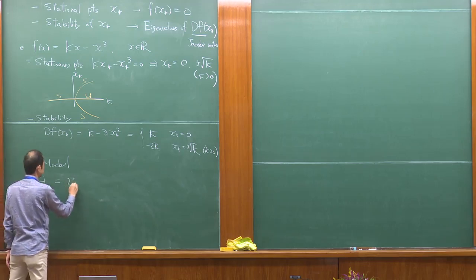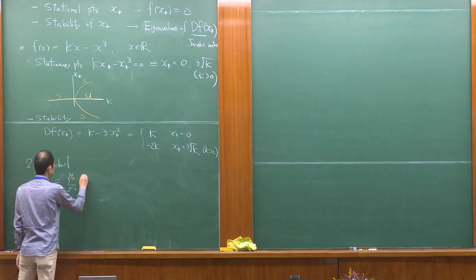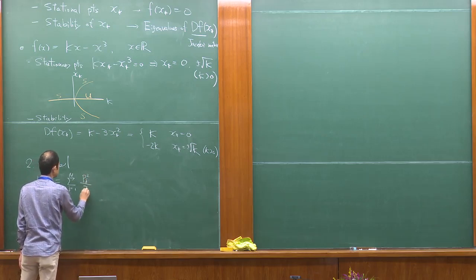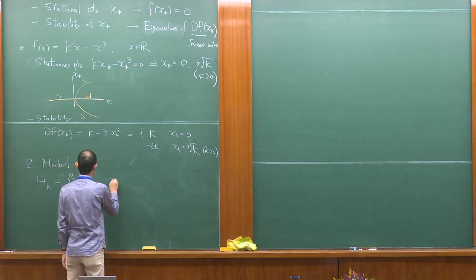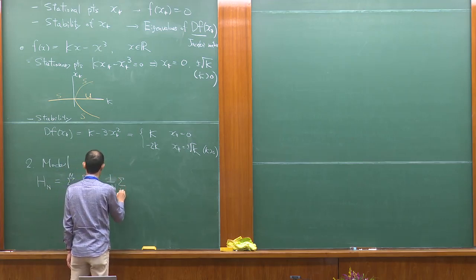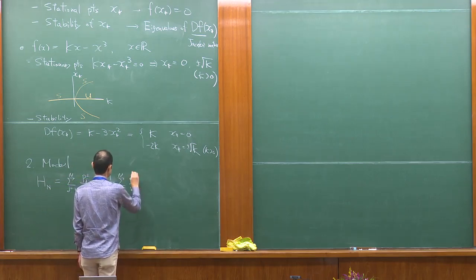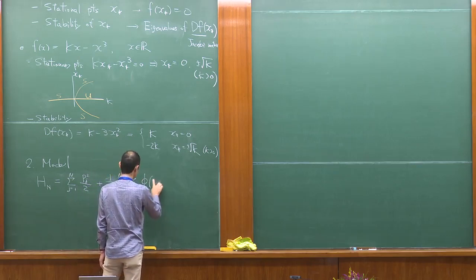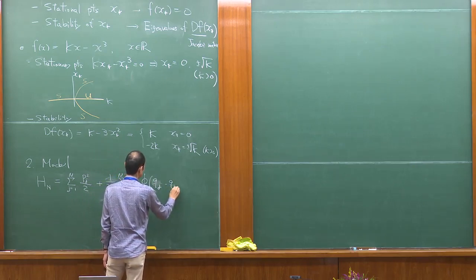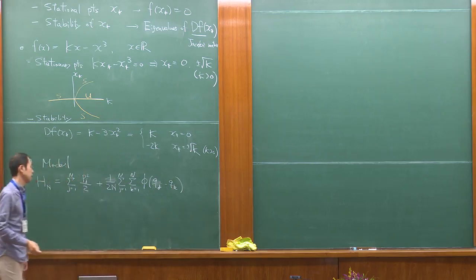It is the sum over j equals 1 to n of p_j squared, where I assume all masses are unity. And then I have a double sum over j and k of the interaction function phi of q_j minus q_k. So this is my target system.